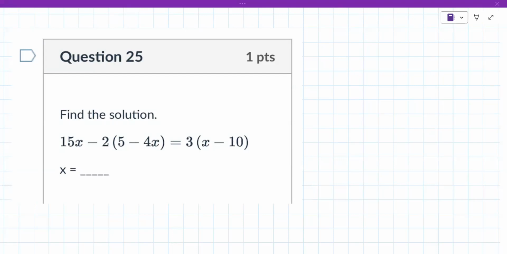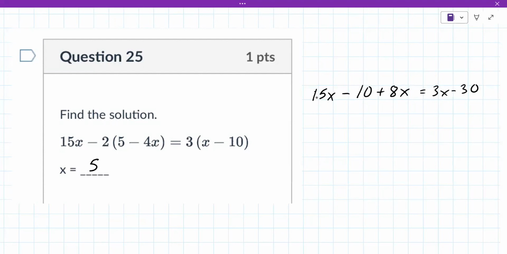Go ahead and move that over there. 8x is gonna be 7x, so 7x over there. So 7x, and I'm gonna have 3x minus 20. Okay, I gotta figure out the difference between 7, 6, 5, 4. x equals 5.